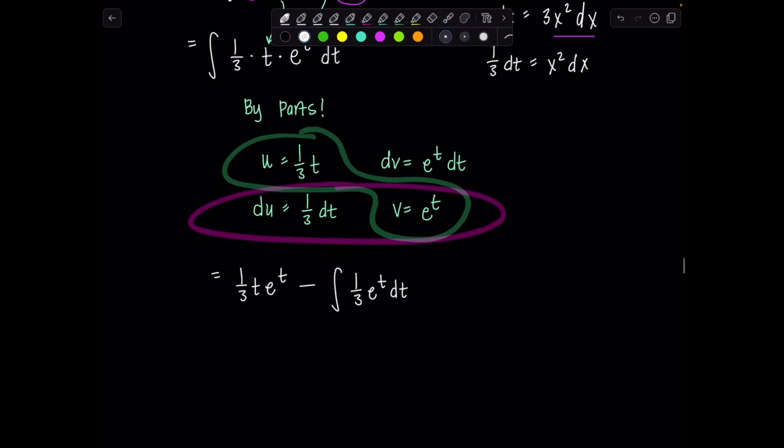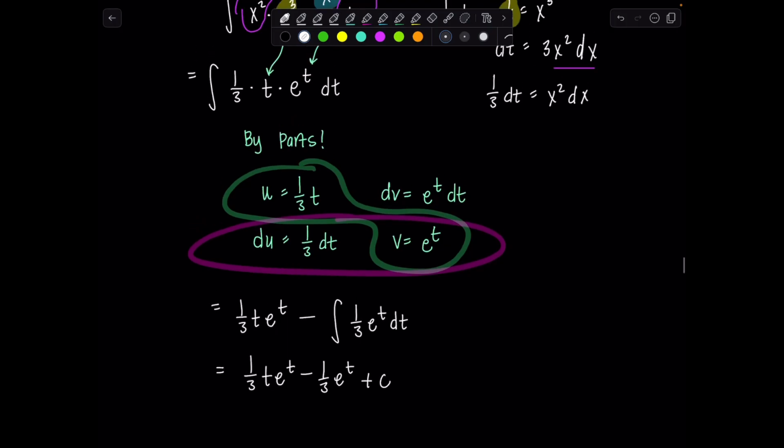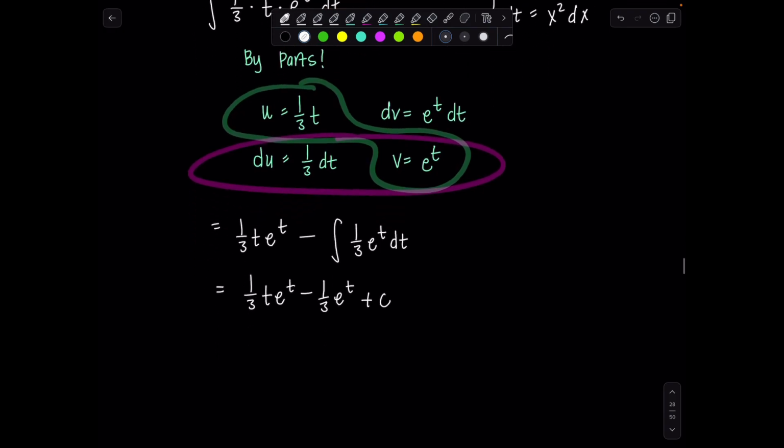And this is not a difficult integral to do: 1/3 t e to the t minus 1/3 e to the t plus c. And then remember, t was equal to x cubed. So let's replace and go back to the original variable. 1/3 x cubed e to the x cubed minus 1/3 e to the x cubed plus c.